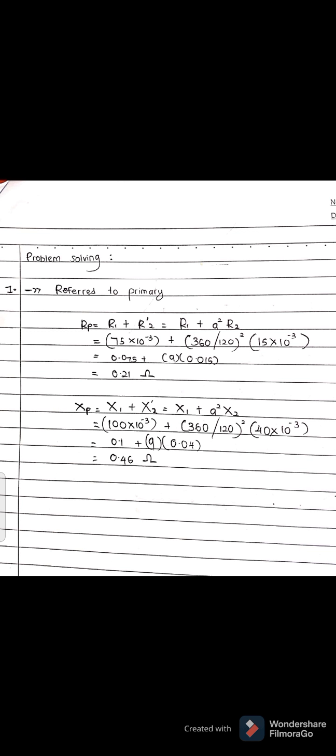The value of X1 is 100 milliohm, while the value of A is 360 over 120 in the bracket squared, and the value of X2 is 40 milliohms, and we got the answer 0.46 ohms referred to primary. The approximate equivalent circuit referred to primary.